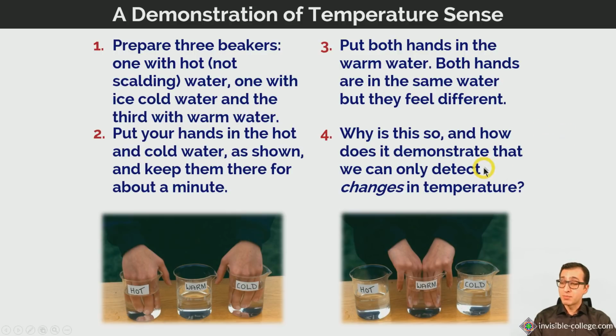I think this is actually a very interesting demonstration on a biological level for the purposes of answering this question, but also from the purposes of physics, where we learn that temperature is a measure of the relative degree of hotness or coldness, but because of the subjectivity of temperature, as is demonstrated by this simple demonstration, it requires an operational definition by measurement using instruments rather than just by subjectively feeling how hot or cold something is.